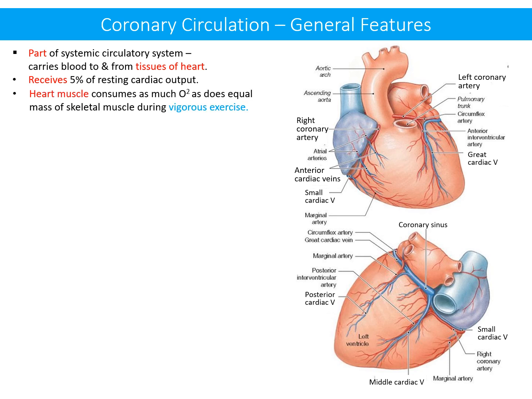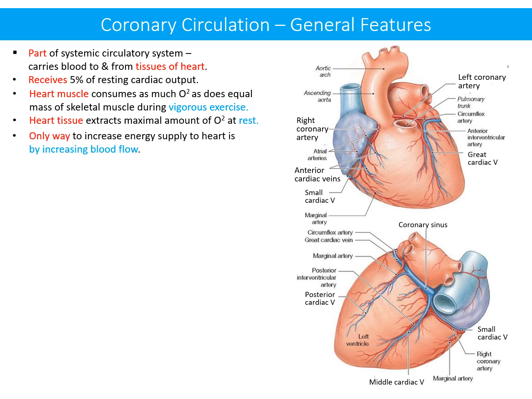Heart muscles consume as much oxygen as does an equal mass of skeletal muscle during vigorous exercise. Heart tissues extract the maximal amount of oxygen at rest. The only way to increase blood supply to the heart is by increasing the blood flow.